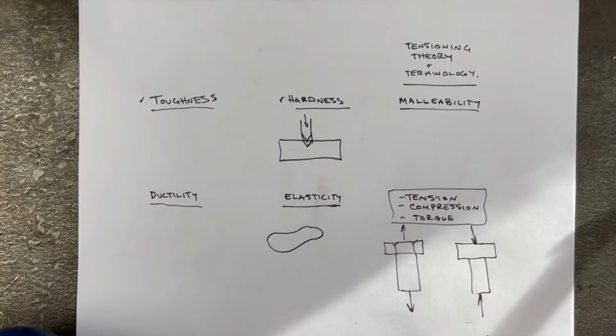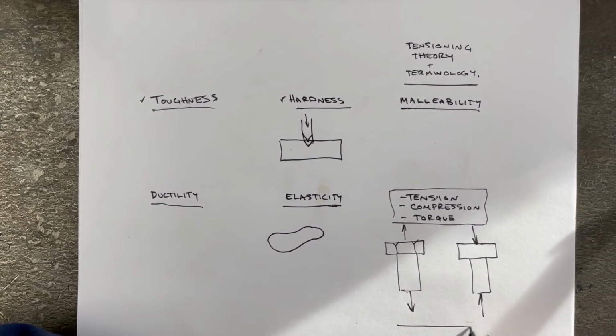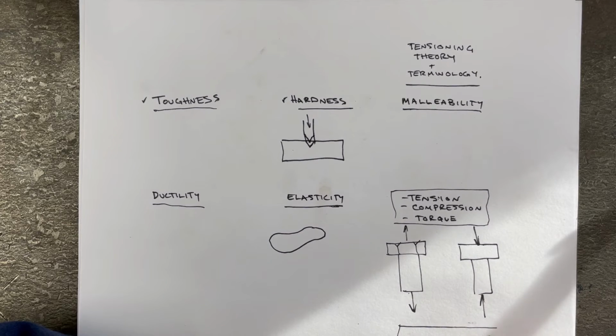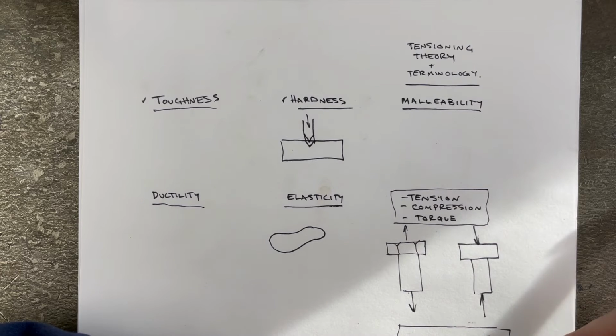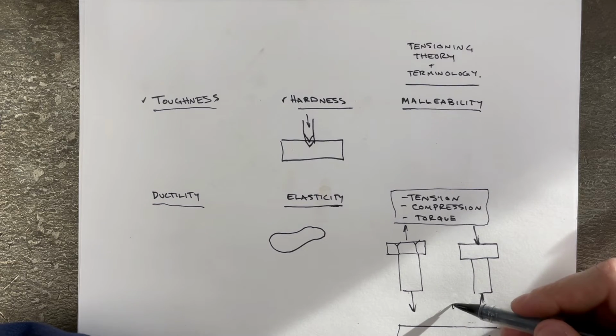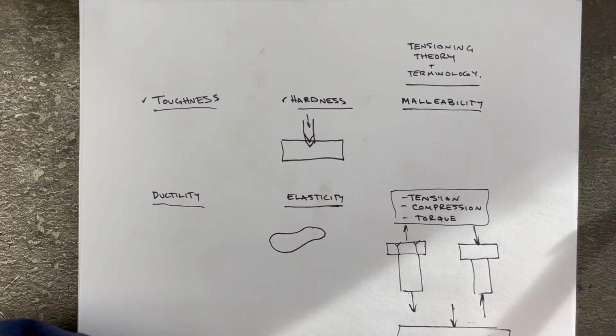A lot of times you'll see compression as an example in a beam or some kind of a static structure where you have the ends supported and you press down on it. You're going to see that the top part is going to be in compression, but the bottom wants to come down and flex out, and the bottom is actually going to be in tension.